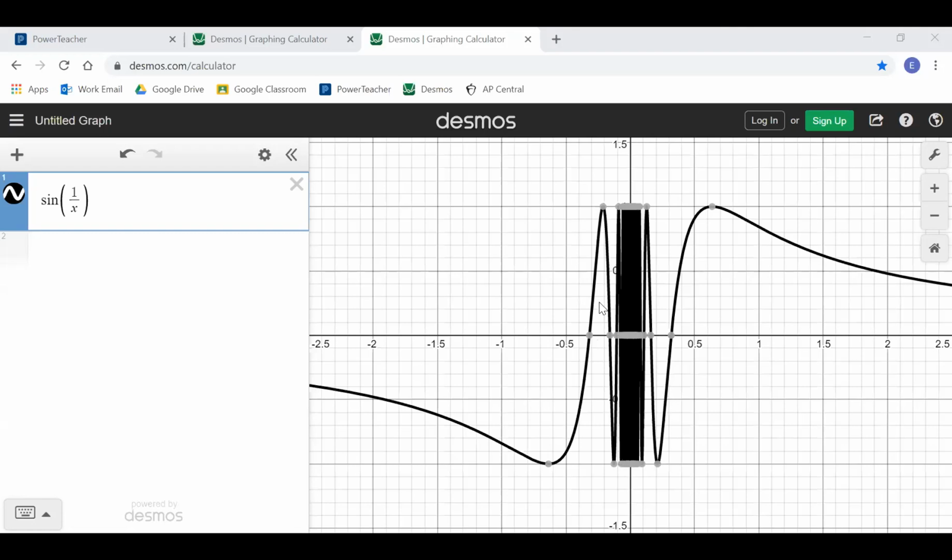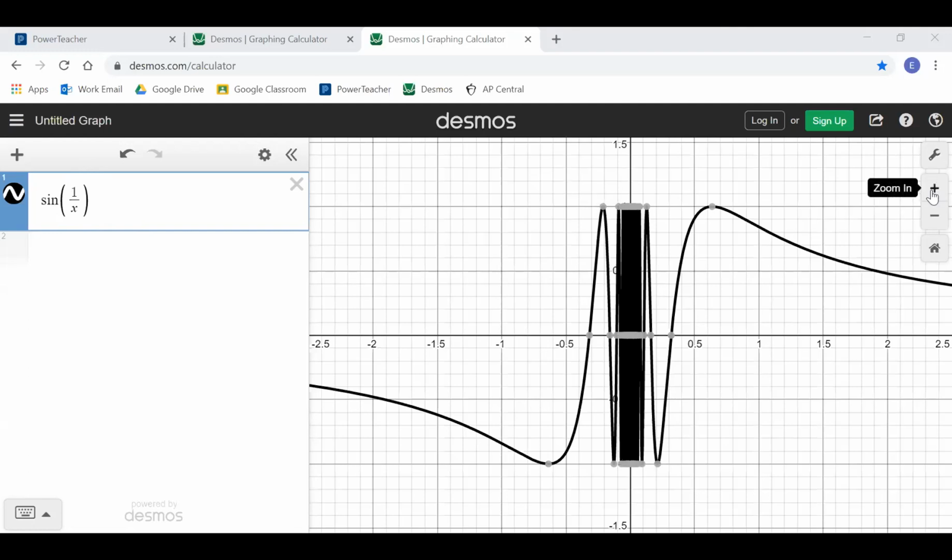If x gets very, very small, like 0.000001, what happens to the number inside the parentheses, the argument of our sine? It's becoming very, very large, right? 1 divided by a very, very small decimal is a very, very large number. And so the sine of a very, very large number exists, doesn't it? I can take the sine of anything, can't I?